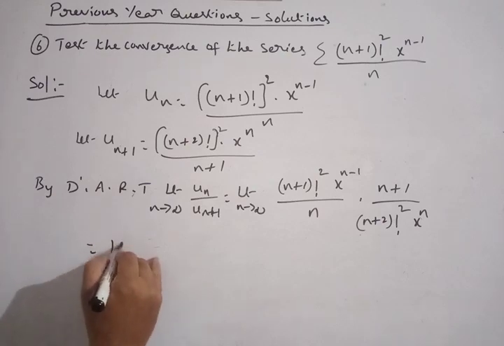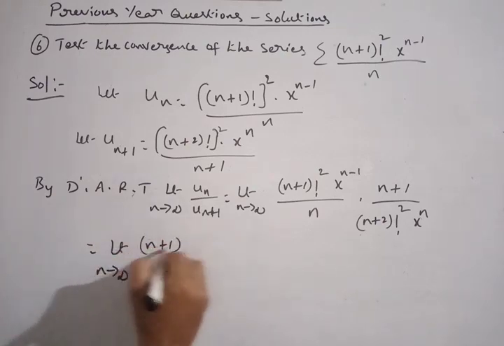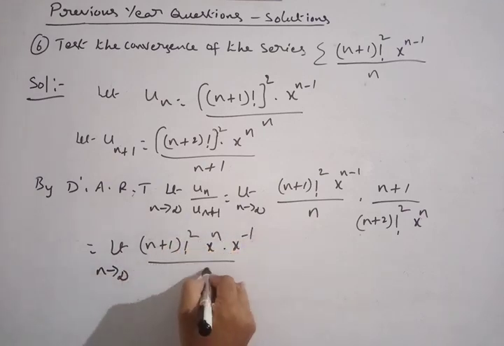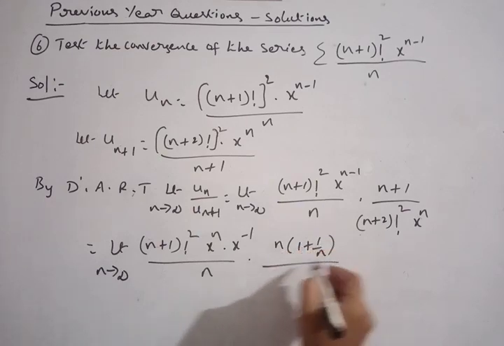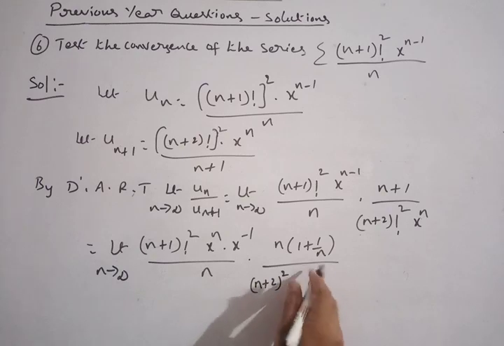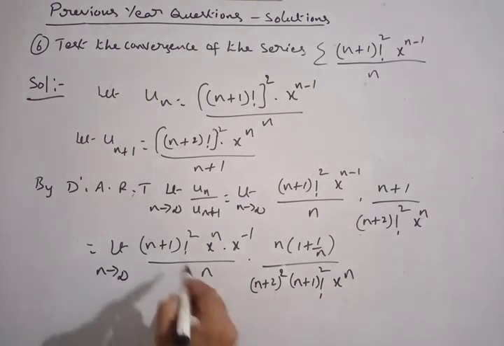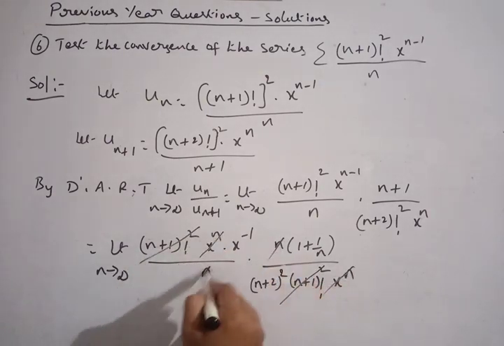Now how to simplify this? Take out n common, 1 plus 1 by n. The n plus 2 factorial can be written as n plus 2 whole square into n plus 1 factorial whole square. So n plus 1 factorial whole square gets cancelled, x power n gets cancelled, and n got cancelled.